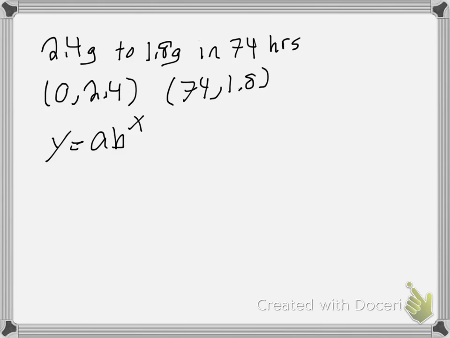Okay, so let's plug everything in. Let's do the first one. We get 2.4 equals a times b to the 0 power. Well, again, what's anything to the 0 power? It's just 1. So 2.4 equals a. That's my first part.